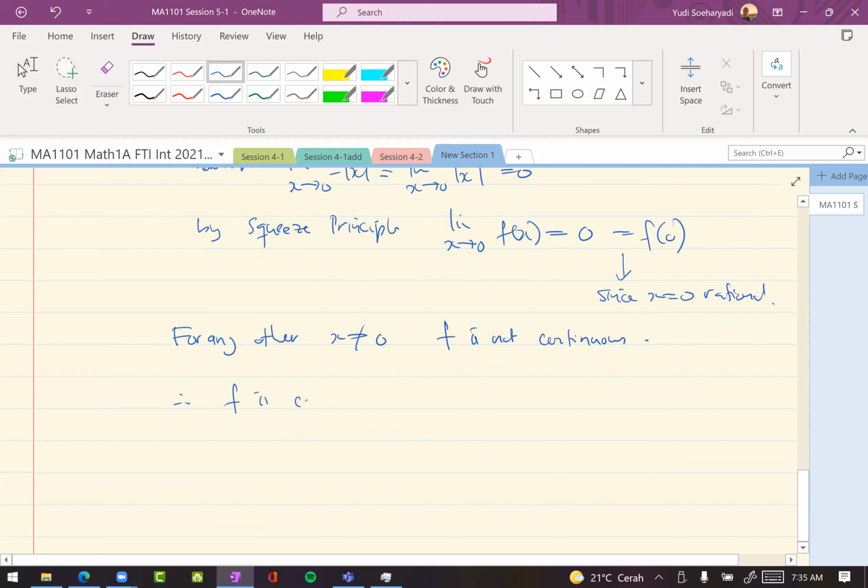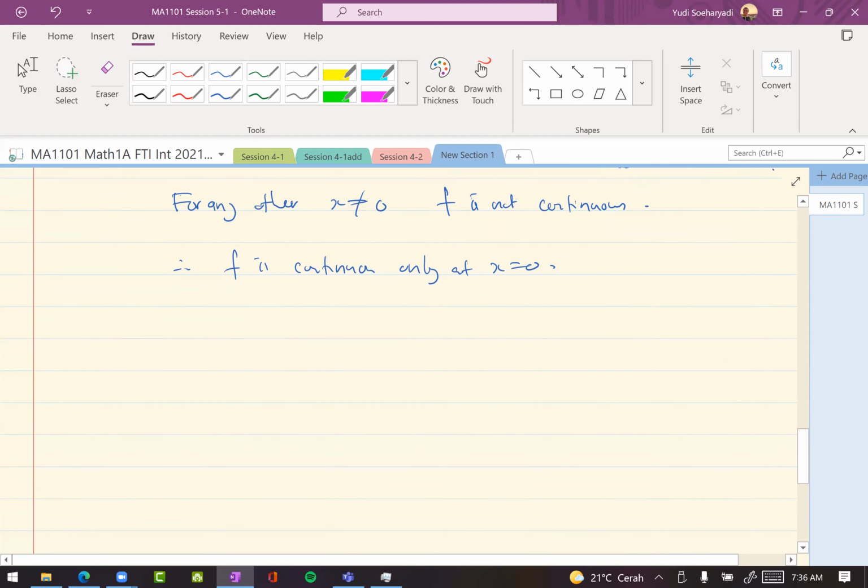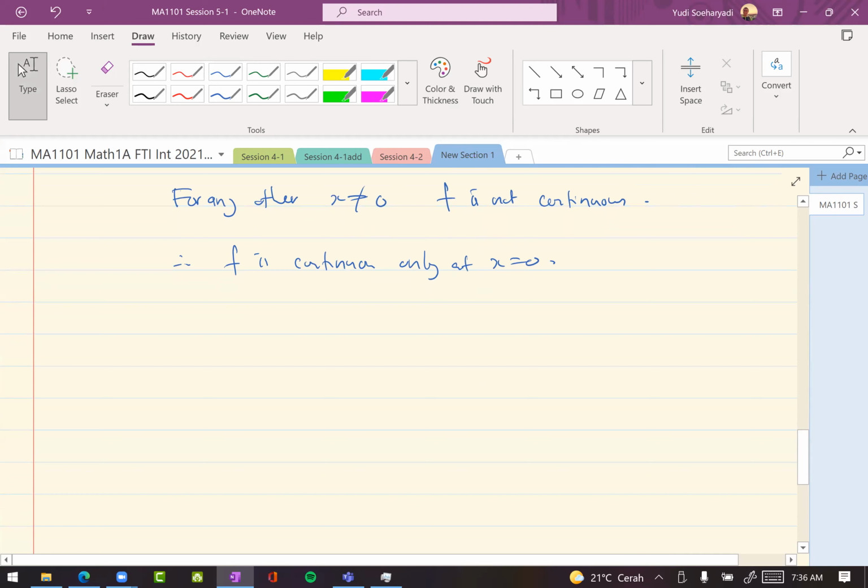F is continuous only at x equal to 0. Okay. Questions?